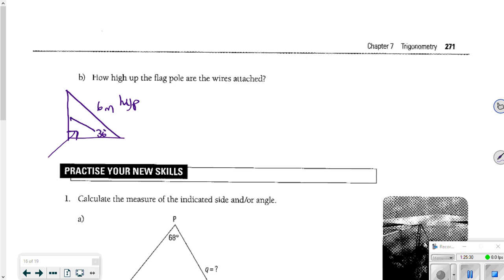The side directly across from the angle we know is the opposite side, which makes the third one the adjacent. The opposite side is the height, so that's the one we're trying to use. So I need opposite and I need hypotenuse in my formula. O and H, opposite hypotenuse, is sine.